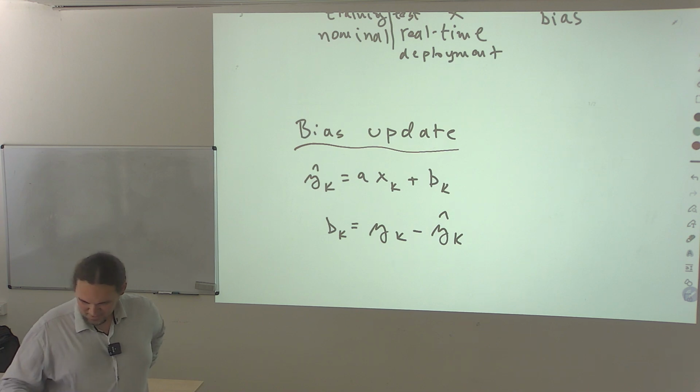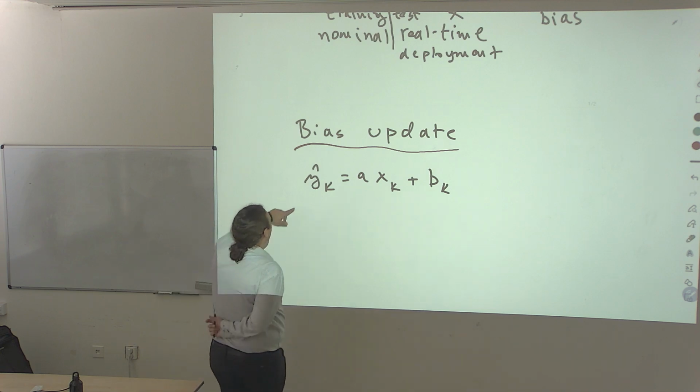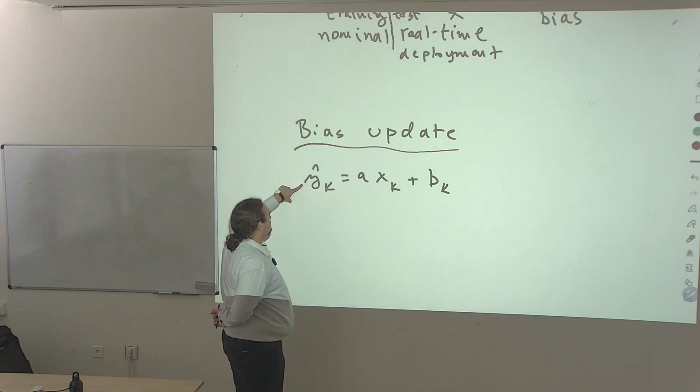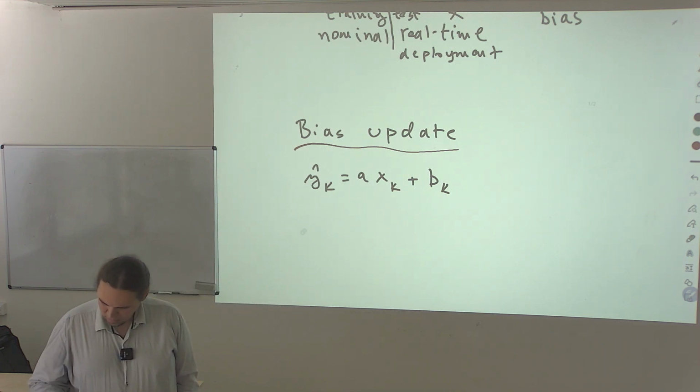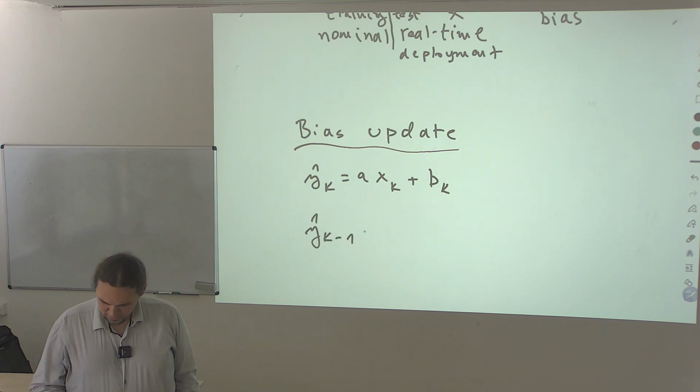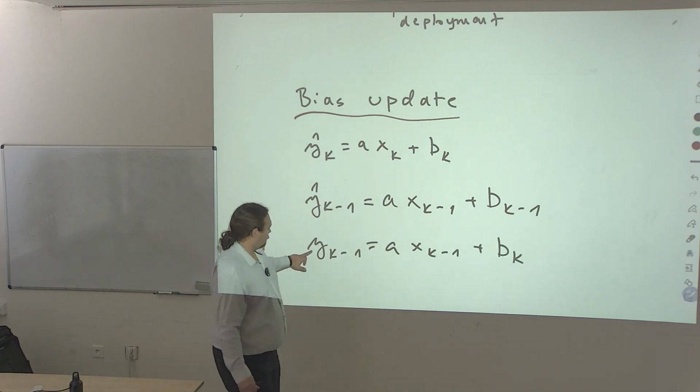We need to derive it in a different fashion. I mean, I can write it down, but it won't make sense to you. So let's say we used this prediction for the previous measurement, k-1. And what we really measured was this value.